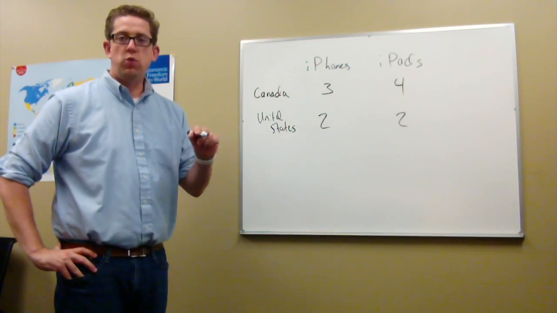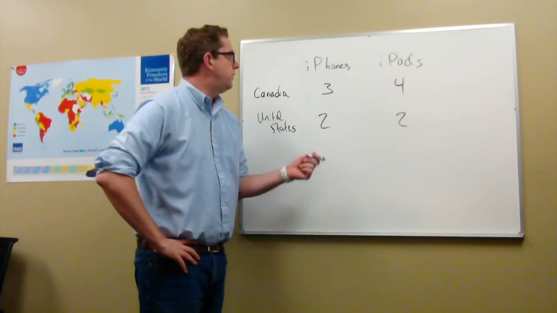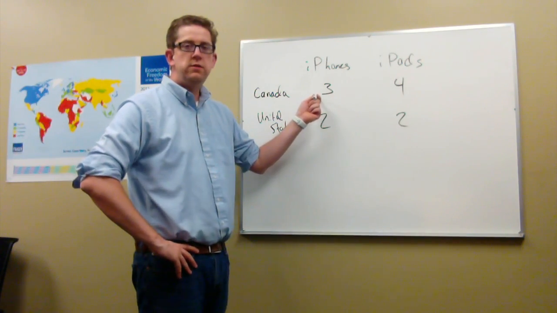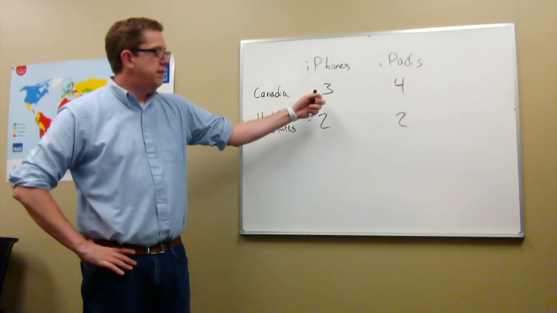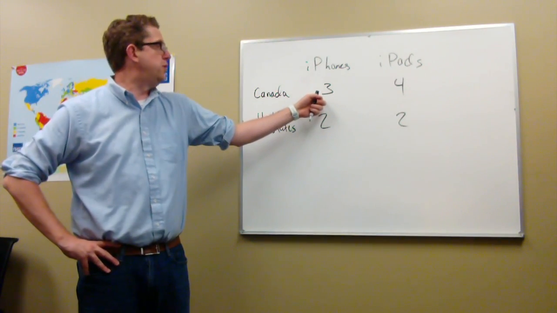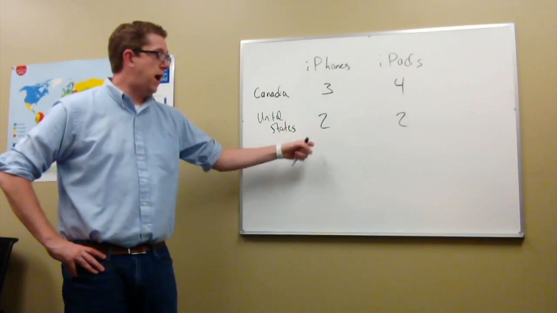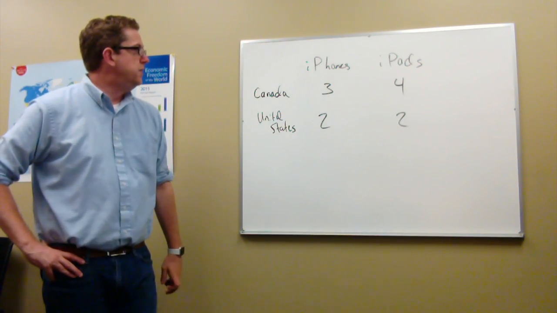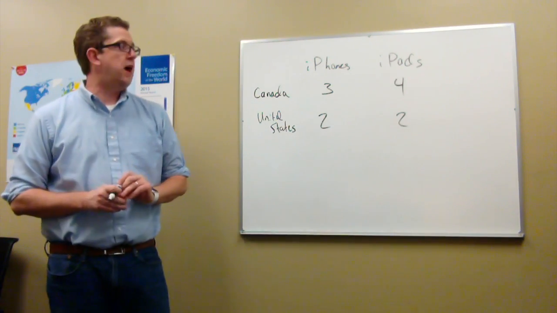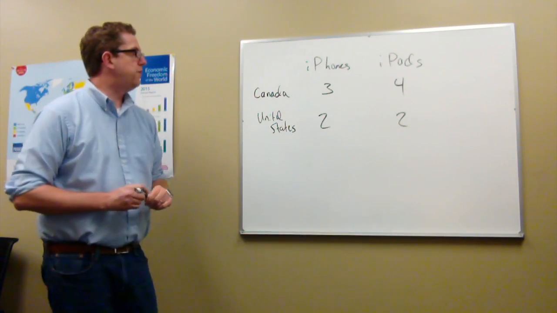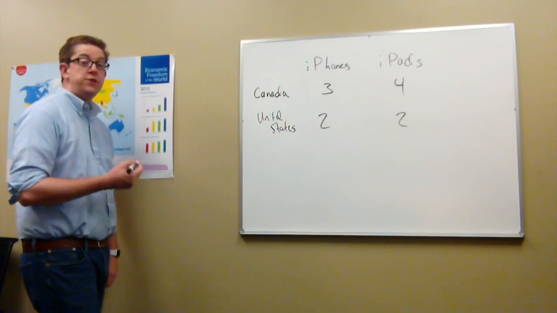Here, it's important to note that we're talking about the amount of input that we need to get a given output. In this case, 3 hours of Canadian labor to produce an iPhone, or 2 hours of American labor to produce an iPhone, 4 hours of Canadian labor to produce an iPad, 2 hours of American labor to produce an iPad.